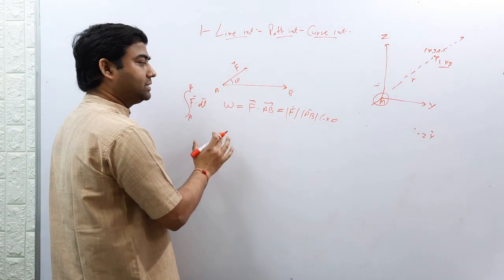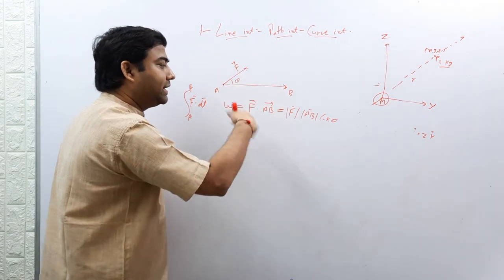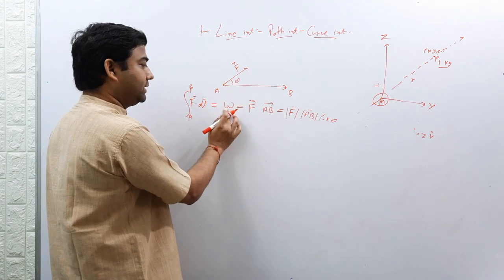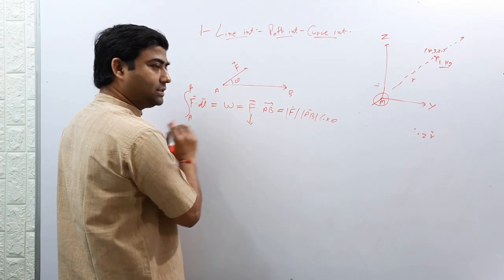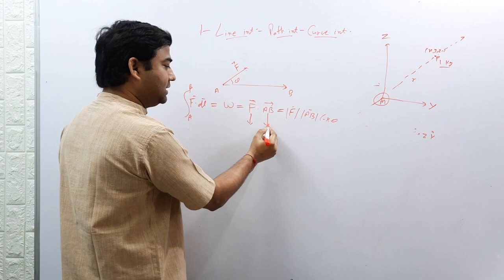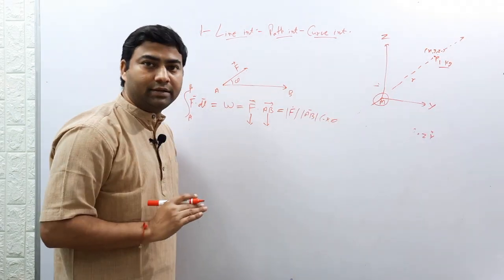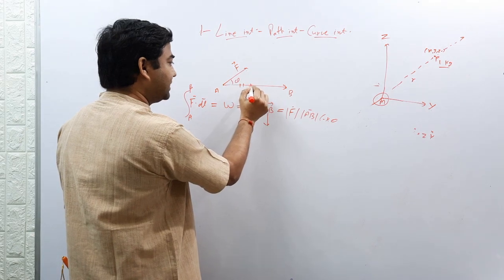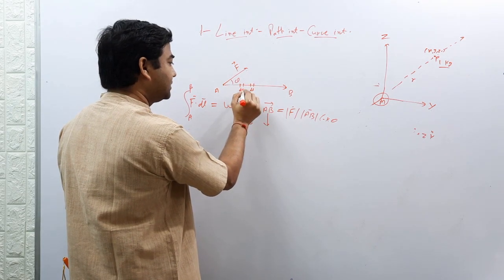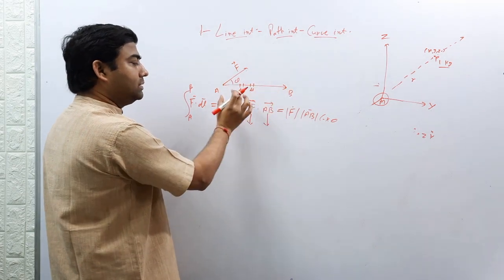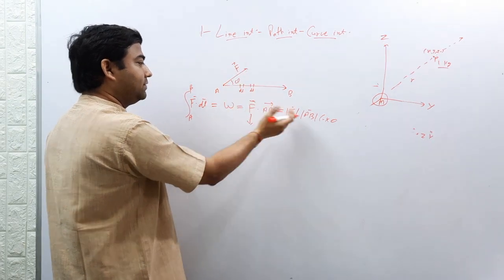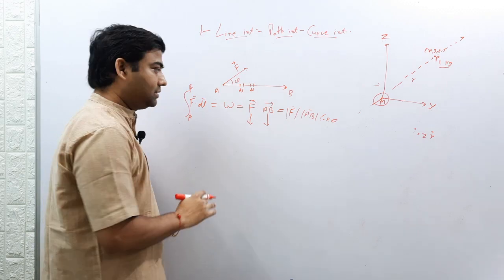This is also a line integration, but here we can find it directly, you can find the work done directly, because F is fixed and AB is a straight line. So the dot products of all these small dl vectors with F will simply add.